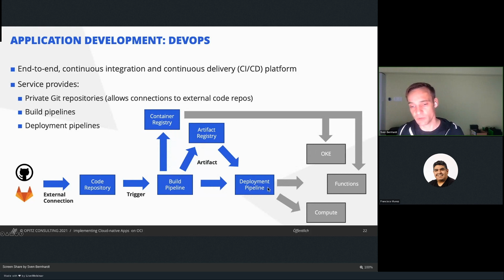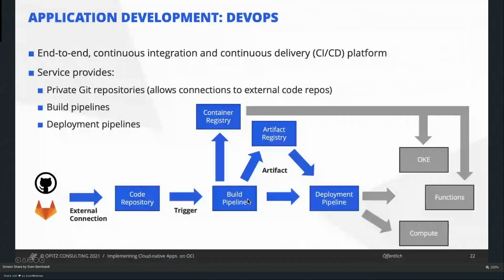They can be used to deploy new applications to OKE, to functions, and to compute. And OKE and functions as such load the images from the container registry. And from the build pipeline I publish artifacts to the registries, so artifact and container. So this is quite cool.